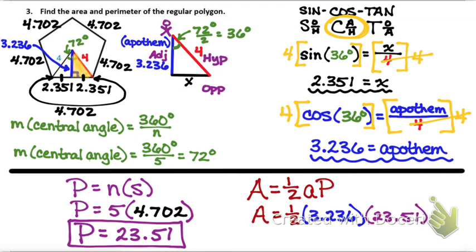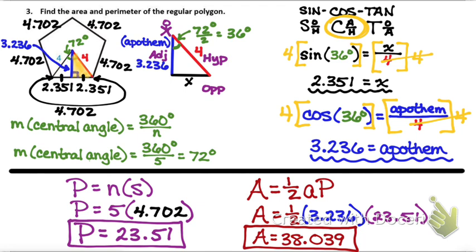We multiply 1/2 times 3.236 times 23.51, and we get an area of 38.039. No units on our perimeter or our area because our radius also did not have units.